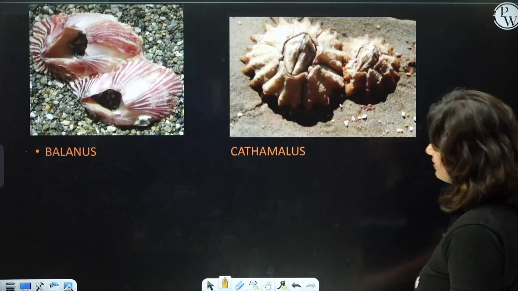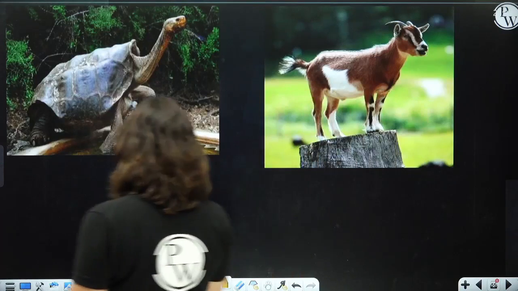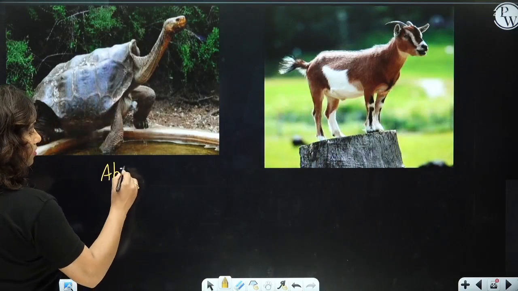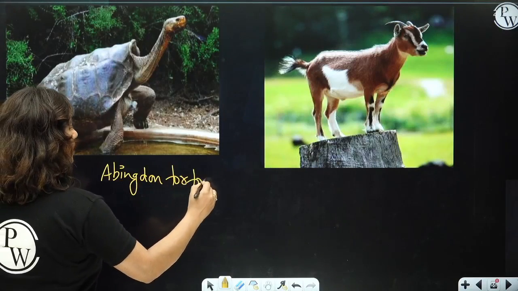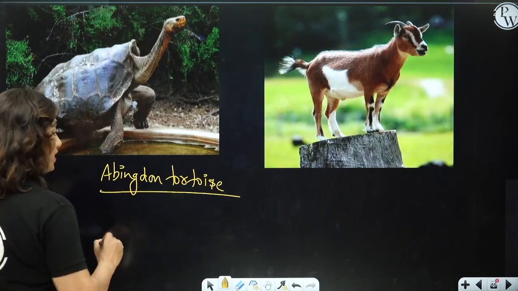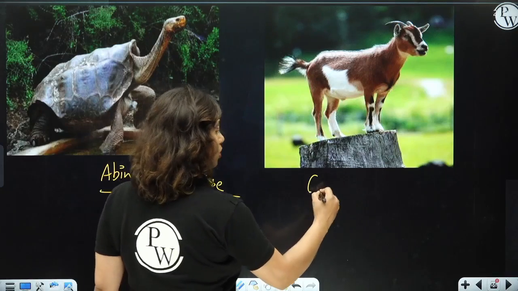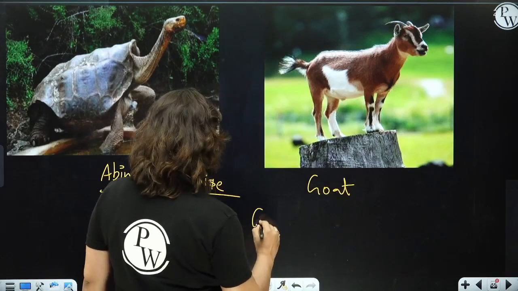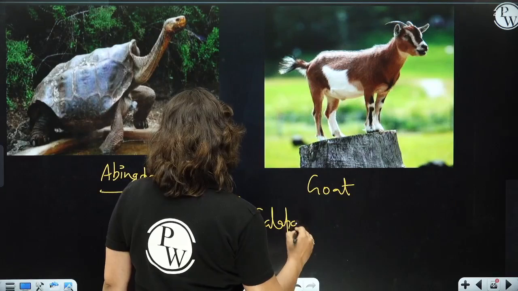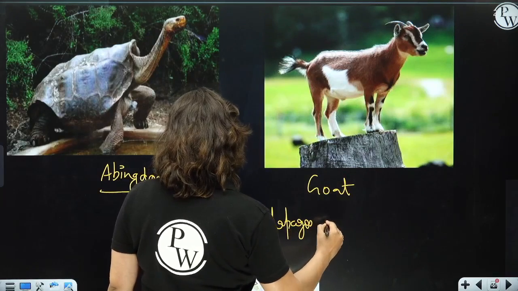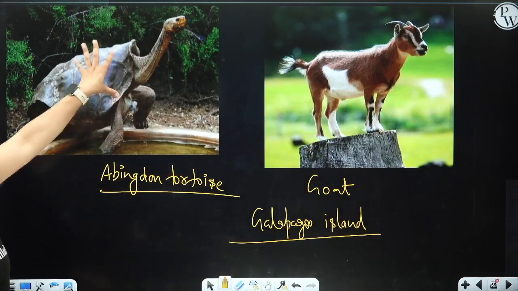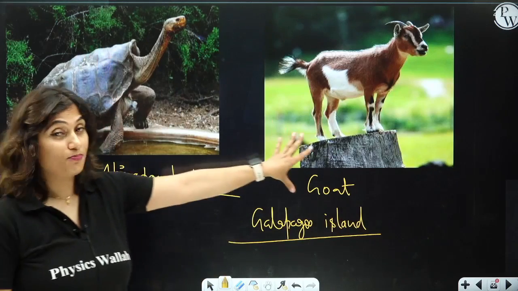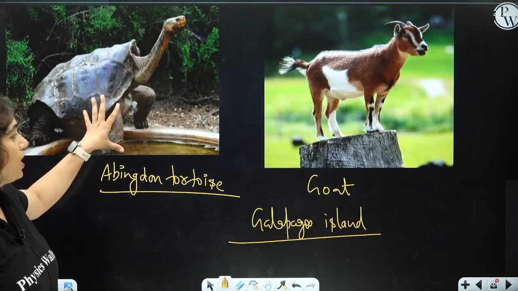Nice example. See, this is the Abingdon tortoise, which will be eliminated in the presence of the goat in the Galapagos Island. If they are present together, the goat will eliminate the Abingdon tortoise, because the grazing capacity of the goat is better than the Abingdon tortoise.